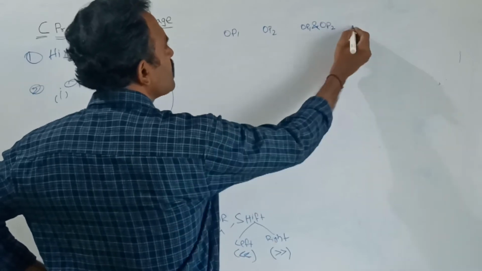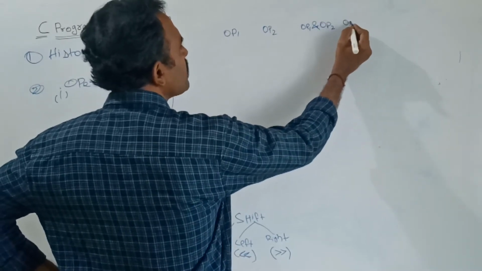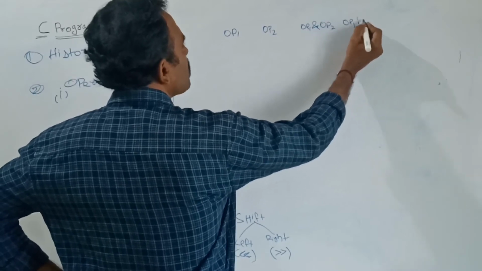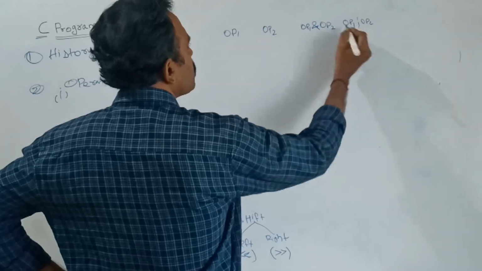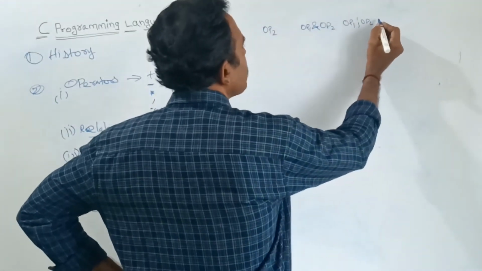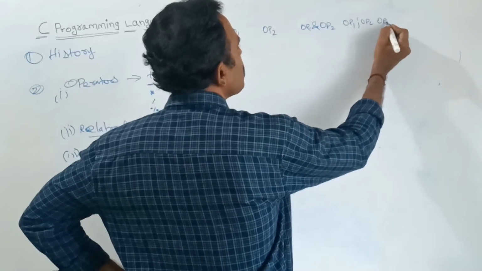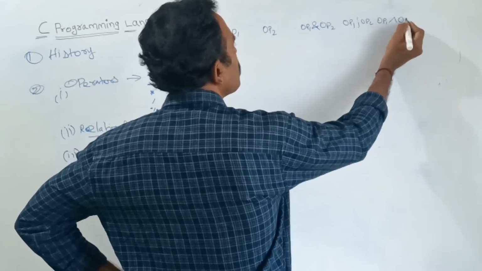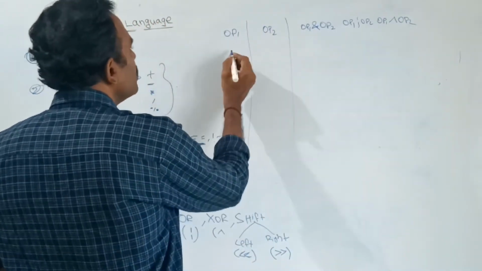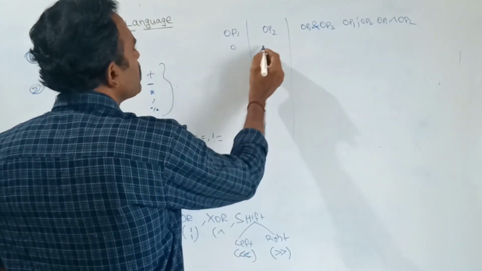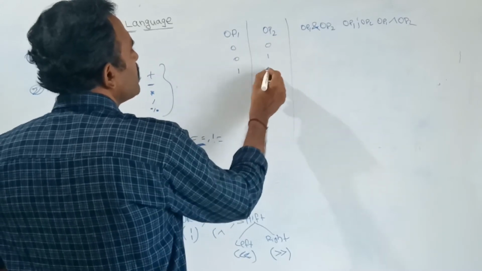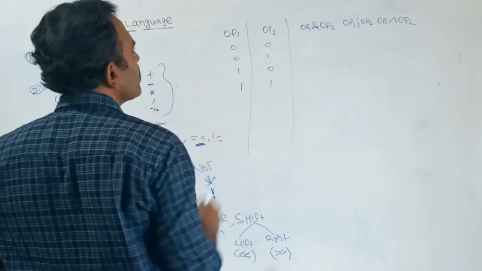And what will be the result for OR? Next one, XOR; for XOR we use operand 1, the cap symbol, then operand 2. In this case these are all bit values: 0 and 0, 0 and 1, 1 and 0, and both bits are 1.